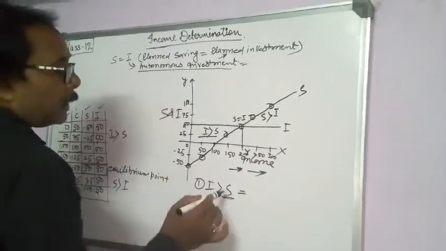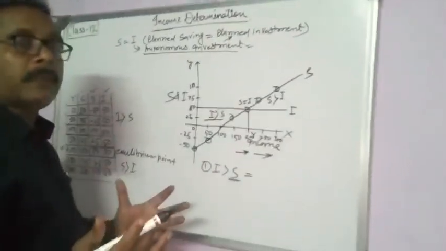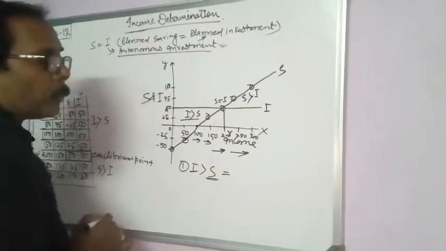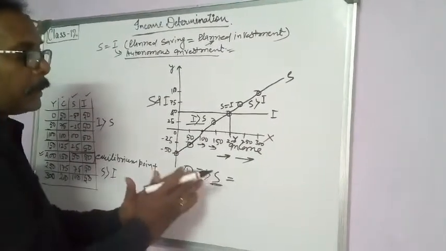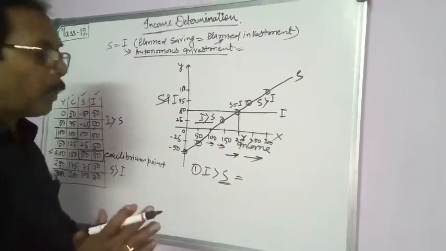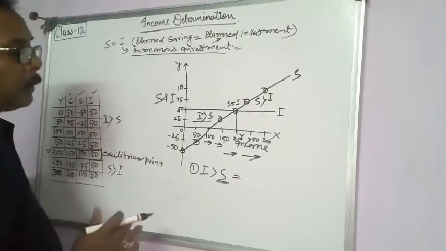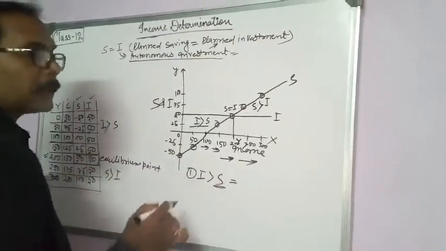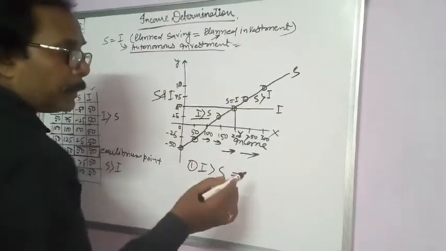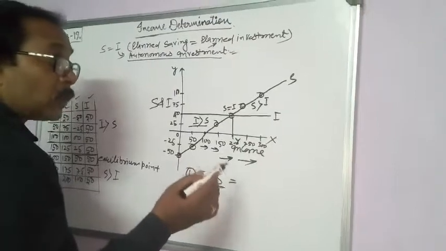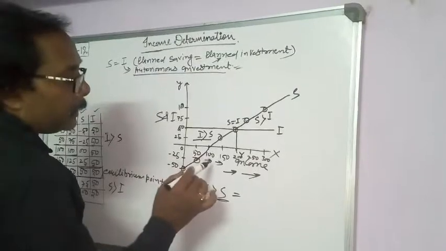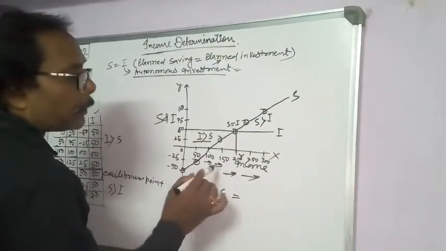As the saving is less, meaning the consumption is very high, the producer will try to produce more output, because here the firm is unable to maintain the desired level of its stock. So more output is required to maintain the desired level, and as a result the income will start to increase.